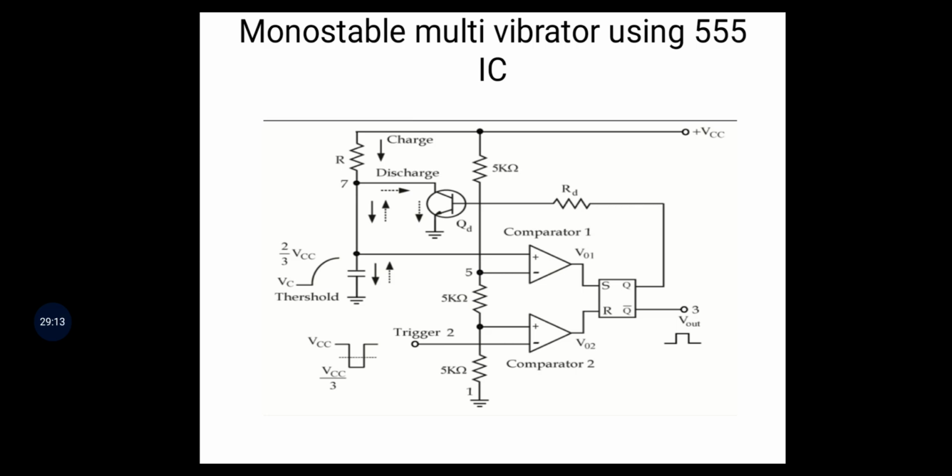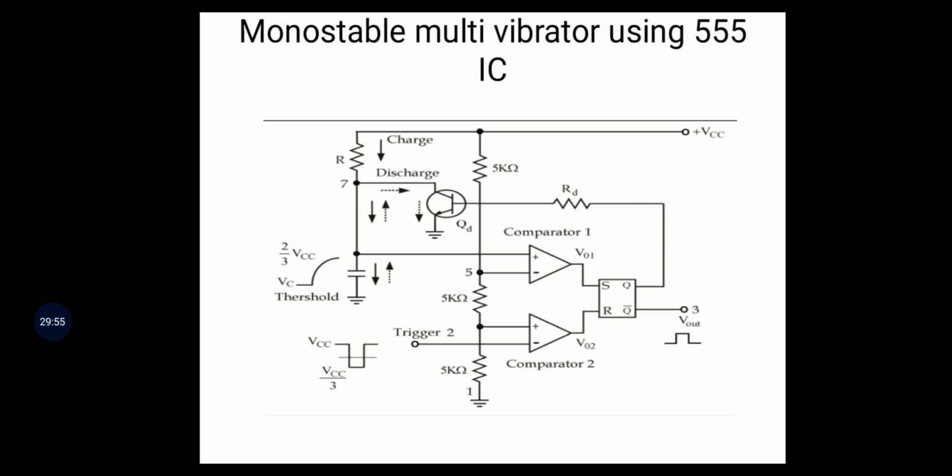Hence, the capacitor starts charging through resistance R. The voltage across the capacitor increases exponentially. This voltage is nothing but the threshold voltage at pin 6. When this voltage becomes more than 2/3 VCC, the comparator 1 output goes high. This sets the flip-flop, so Q becomes high and Q bar low.